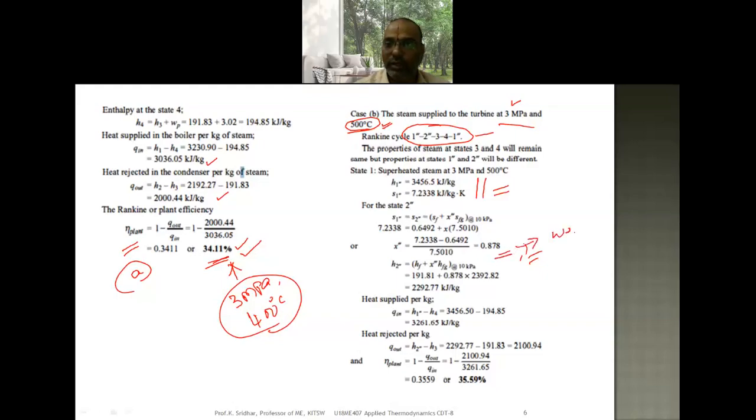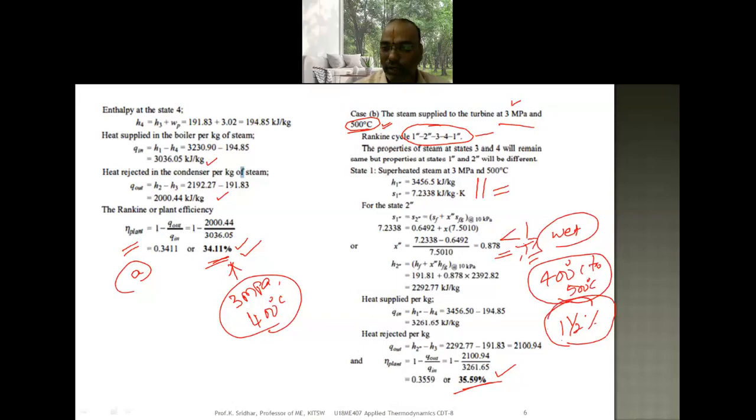So still it is wet steam only because it is lesser than 1. So now in this particular case the efficiency is equal to 35.59 percentage. So here it is 34.11 and it is 35.59. That is almost a 1.5 percentage improvement. So whenever the steam is heated from 400 degrees centigrade to 500 degrees centigrade, that is for 100 degrees centigrade superheating, we are able to witness 1.5 percentage improvement in the thermal efficiency of the power plant.